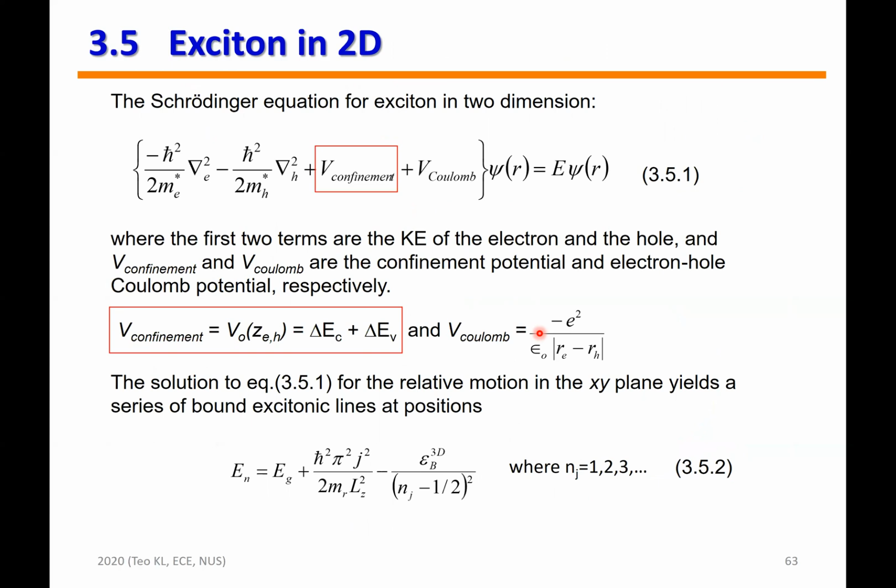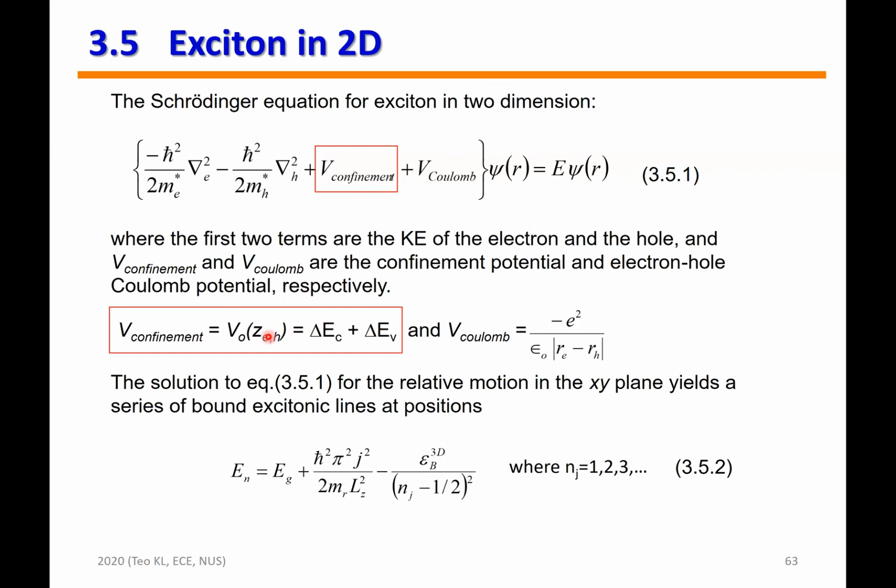Similarly, you also have an exciton in the quantum well, which is two-dimensional. And we solved the Schrödinger equation for 3D, so we need to solve the Schrödinger equation for the exciton in 2D. The only difference is you need to add the confinement potential, which is delta EC plus delta EV.